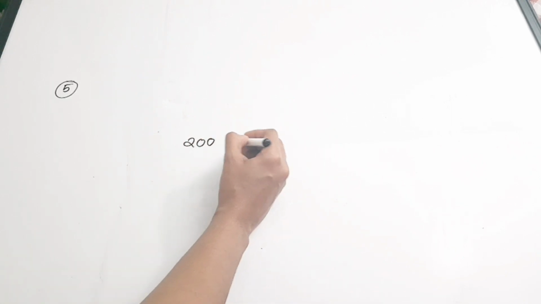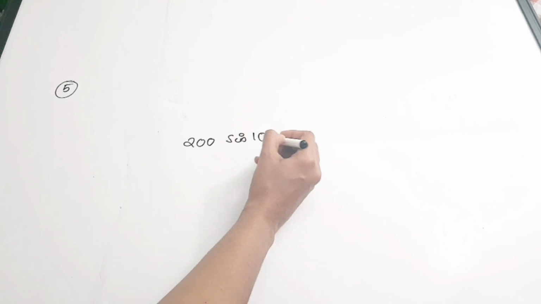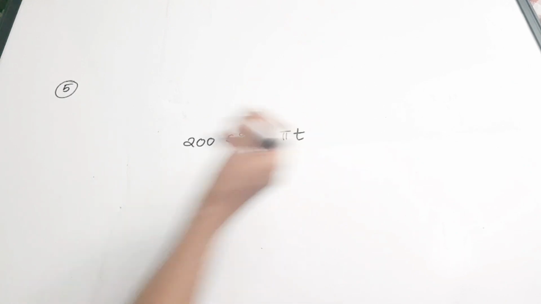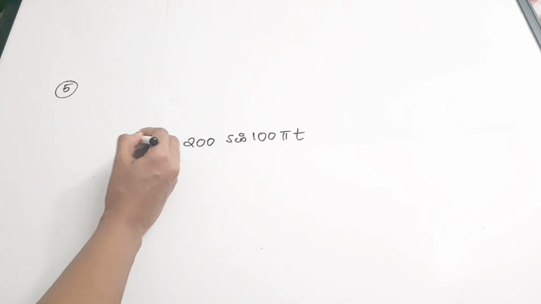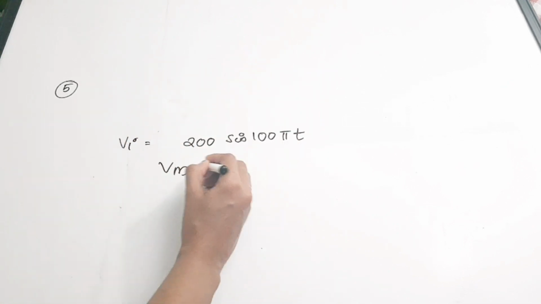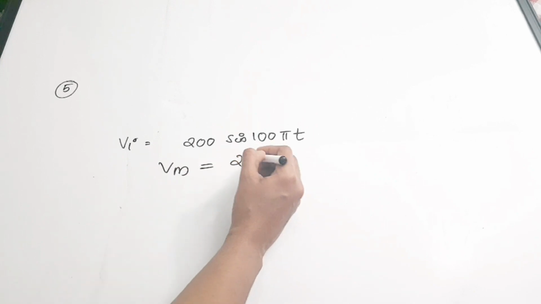Average output voltage will be peak output voltage by pi. The question has the input sine wave as 200 sine 100 pi t. If this is Vi, what will be Vm? Peak value of input will be 200.